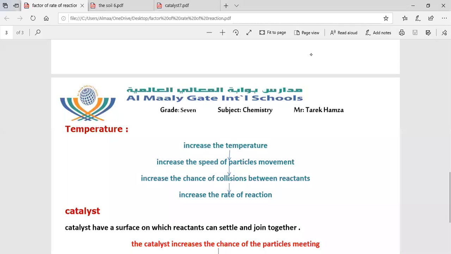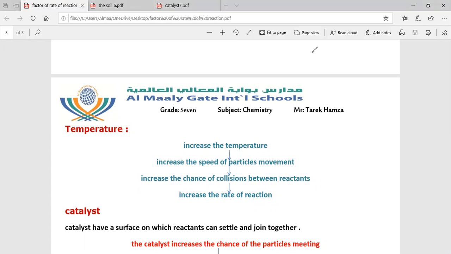Again, increase temperature, increase the speed of movement of particles, increase the chance of collisions between particles of reactants, increase the rate of reaction. Okay, if anyone doesn't understand this point, raise your hand.